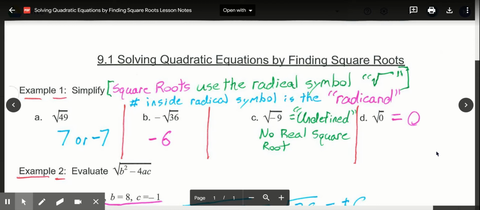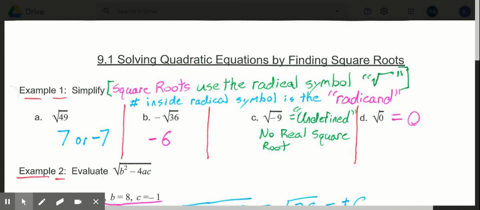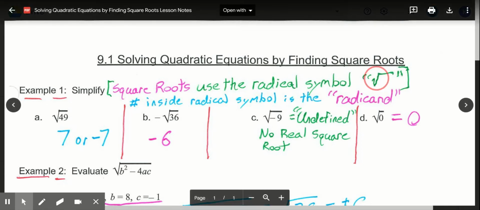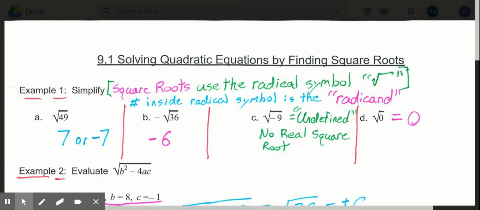A couple of different things to keep in mind. The first is that square roots use the radical symbol. That symbol you see on calculators looks like this. It's typically referred to as the radical symbol. That's the mathematical term. A lot of people just call it the square root sign, but it's technically the radical symbol.